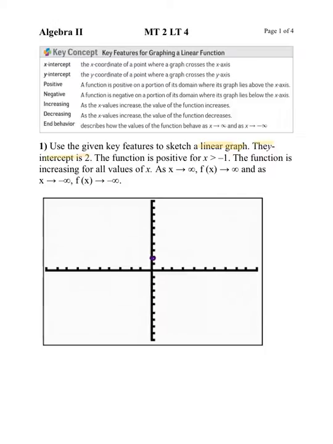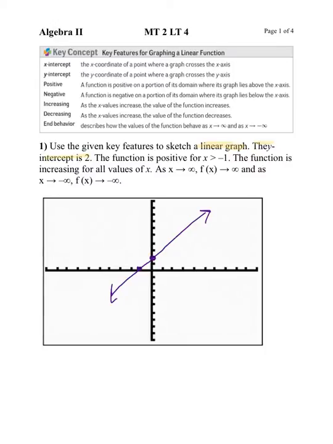Then we're told that the function is positive for x greater than negative 1, so I'm going to put a point on my x-axis at negative 1. I could stop right here because I'm told it's linear. I could draw the line that goes through these points, and there is my linear graph.